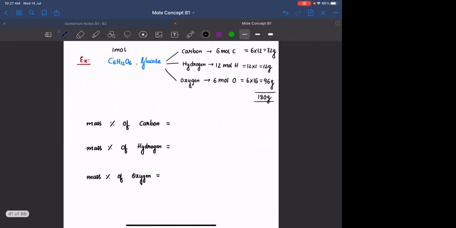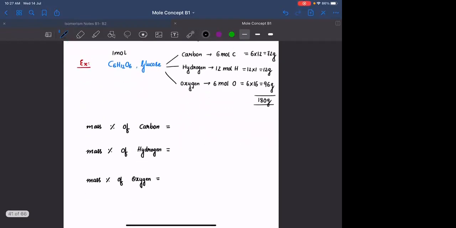So what would be the mass percentage of carbon? It is nothing but the mass of carbon in 1 mole of compound divided by total weight, which is 180, into 100. Mass percentage of hydrogen would be 12 upon 180 into 100.